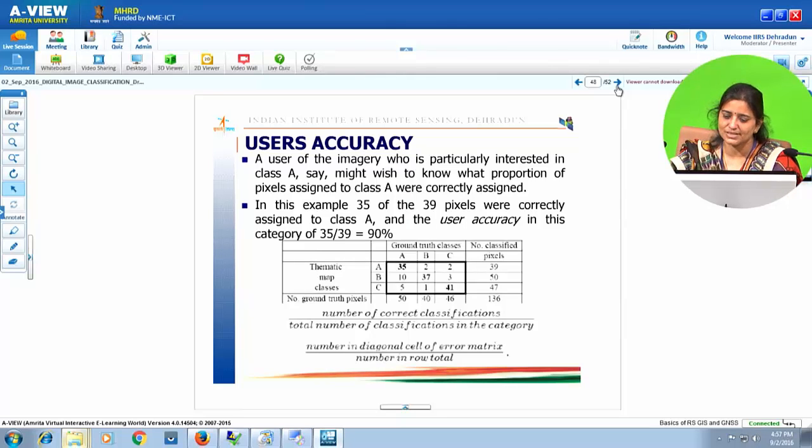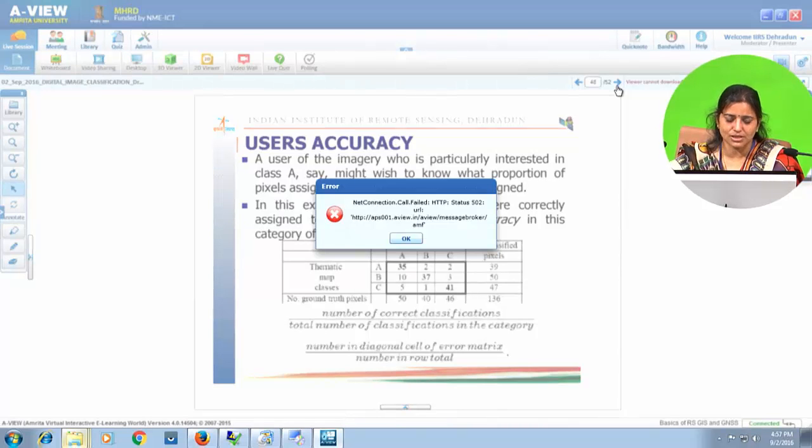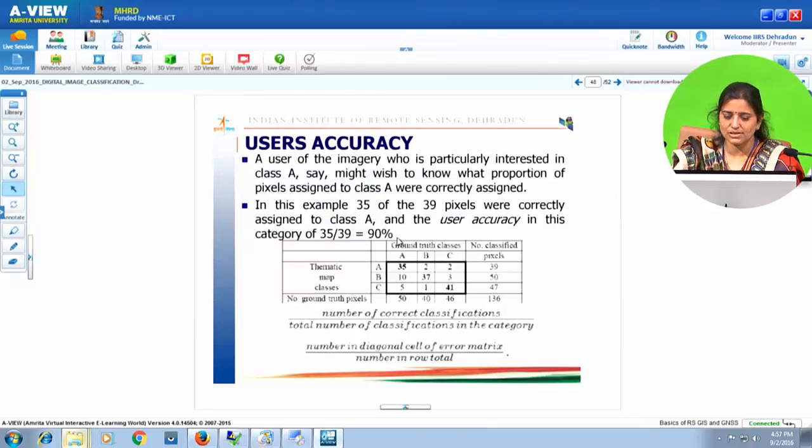The user of the classified data would want to know, in the thematic map that was supplied to him, if there are 39 pixels which were classified as class A, how many of them were correctly classified. Because he doesn't have any ground truth information, he only has the thematic map.